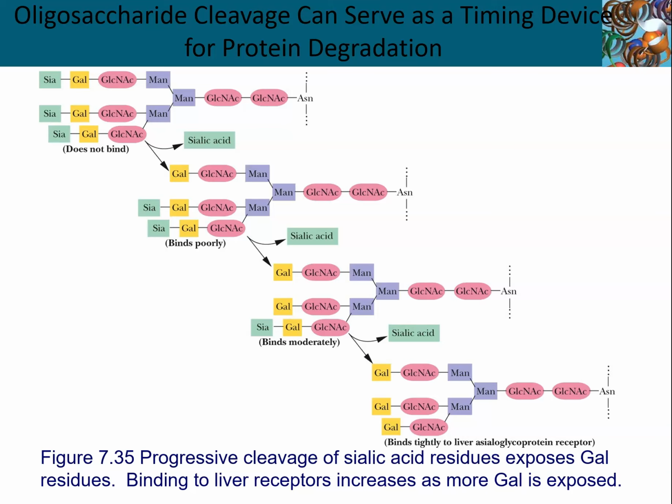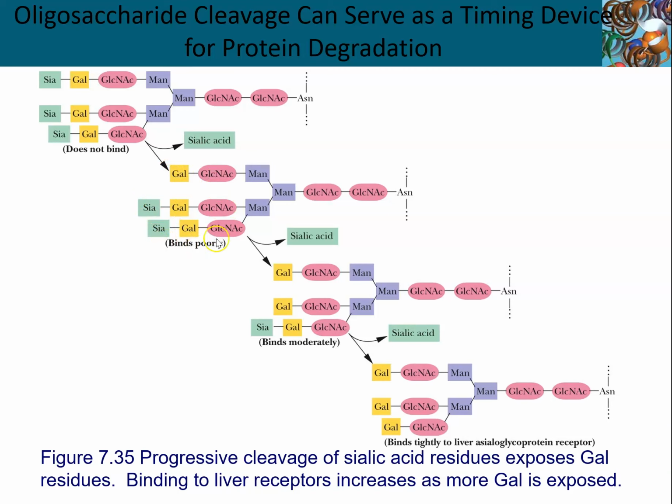I was talking about timing devices. This is a sialic acid residue, which, let's see here, we start up at the top. If all these sialic acids are present, then this isn't bound by the liver for degradation, but as this goes through circulation, the sialic residues occasionally get bumped off, exposing the galactose.